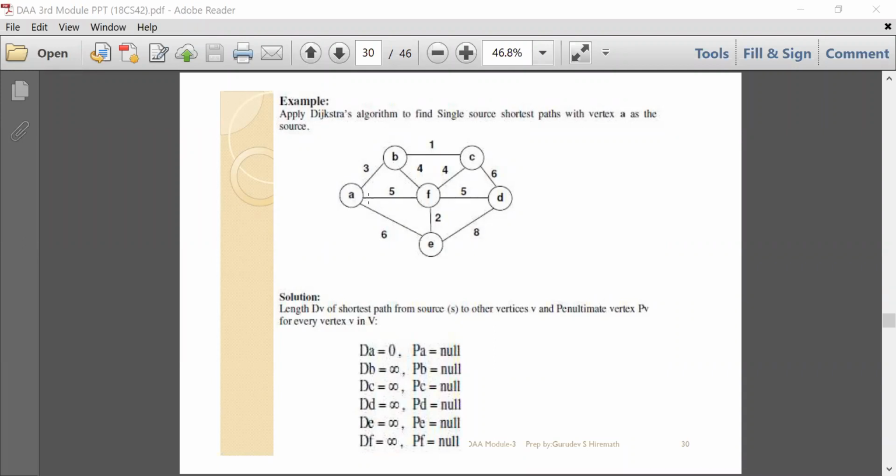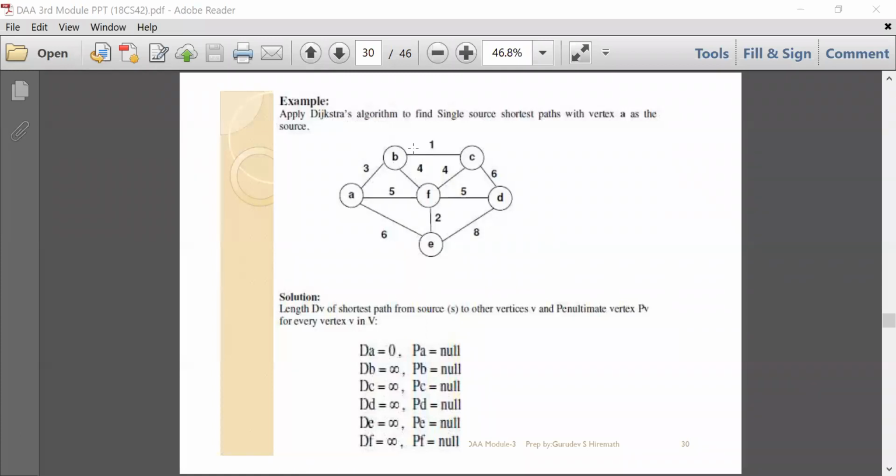Here my source will be only single. Either you can choose A or B as my source, or you can choose anyone as your source. And kindly remember, whichever source you choose, from that source all the remaining vertices will become the destinations.